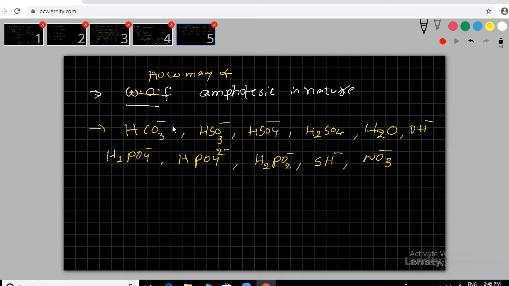How many of the following are amphoteric in nature? Completed? Anyone can give a number. No negative marks.